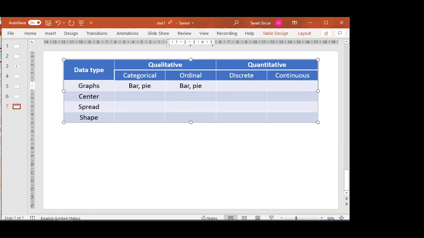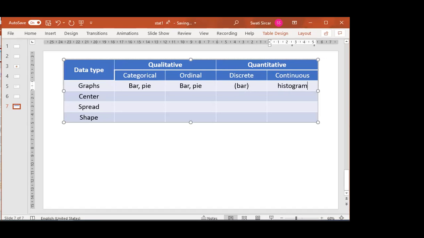For discrete data, we can use them. Yes, but I'm going to put it within brackets and I'll tell you exactly why. But what about histograms? Yes, for continuous data, we do use histograms.